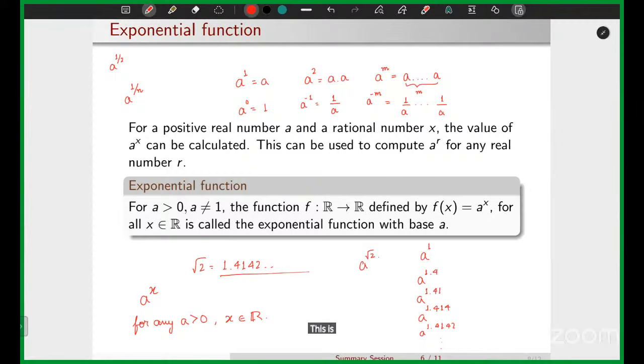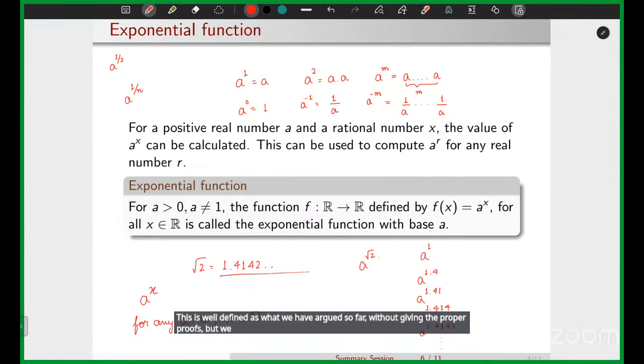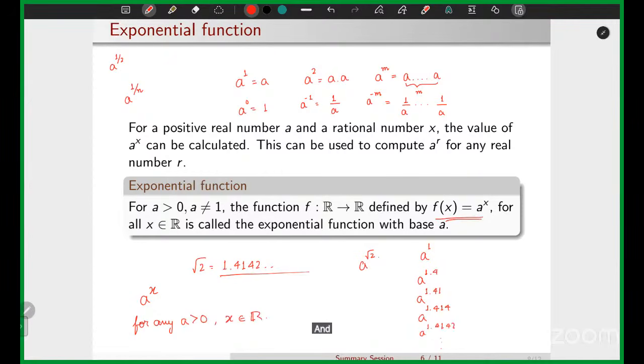This is well defined as we have argued so far, without giving the proper proof, that there exists such a real number which is the limit of some sequence. And that is the definition of the function.